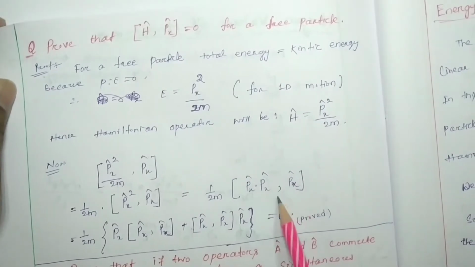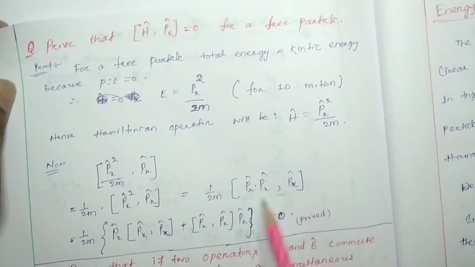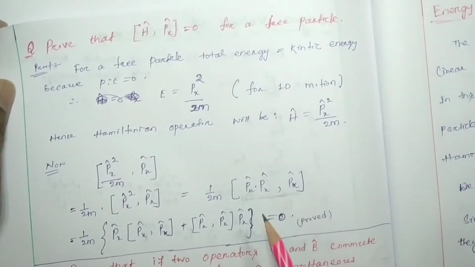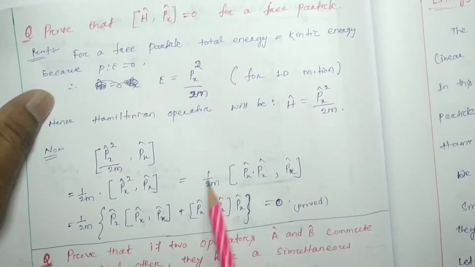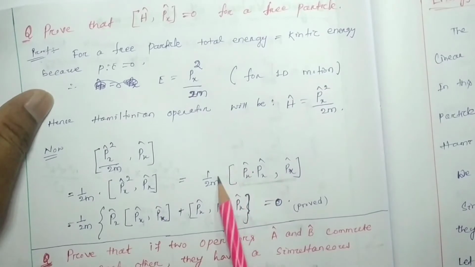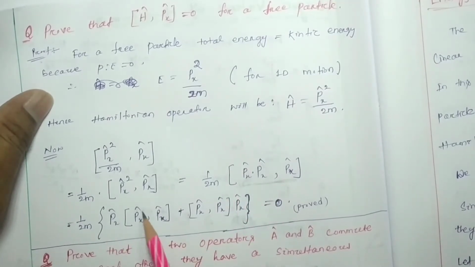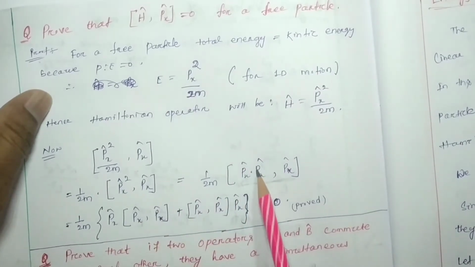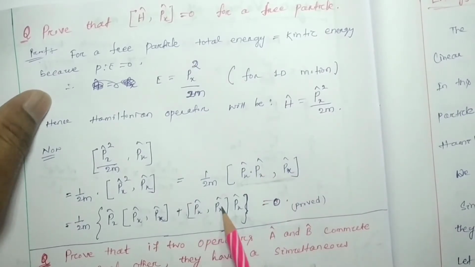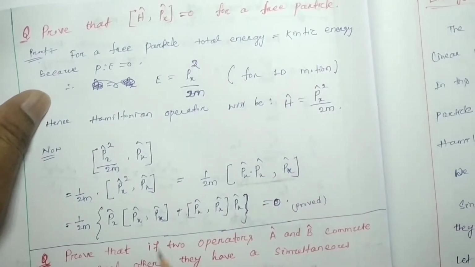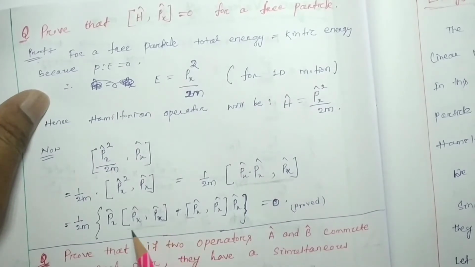By using the properties of commutation, you can follow our previous video. We can write 1 by 2m, this px goes this side, px cap plus another px here can be moved this side, px cap px cap. We know that an operator commutes with itself.